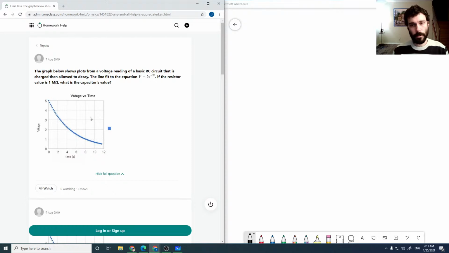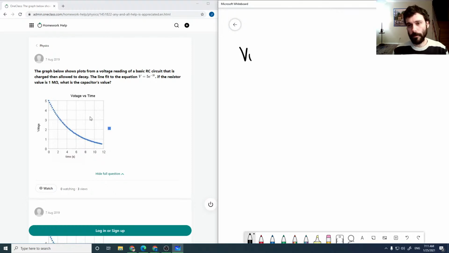In an RC circuit, our voltage as a function of time is our initial voltage times e to the minus t over tau, where tau is our RC, so the resistance times the capacitance. We're given that it was fit to V equals 5 e to the minus 2t.